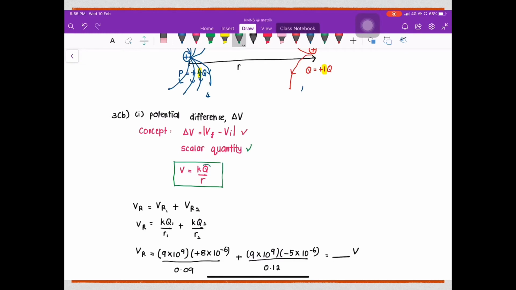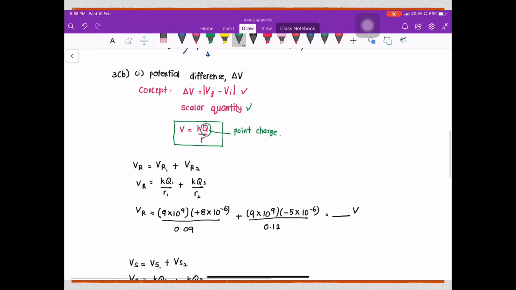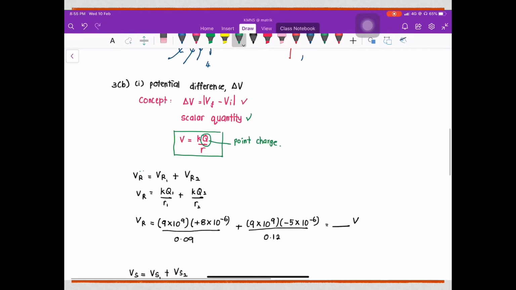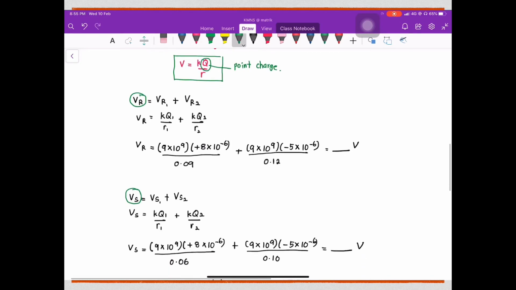So be careful here, Q must be a point charge. Alright. Now, we need to determine the electric potential at point R. And then we need to determine the electric potential at point S.